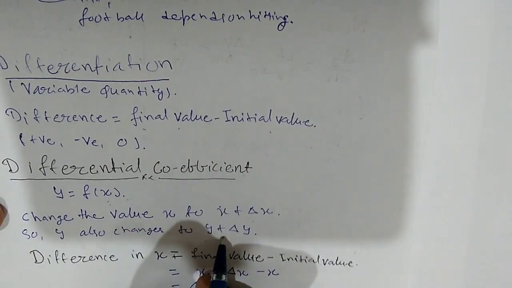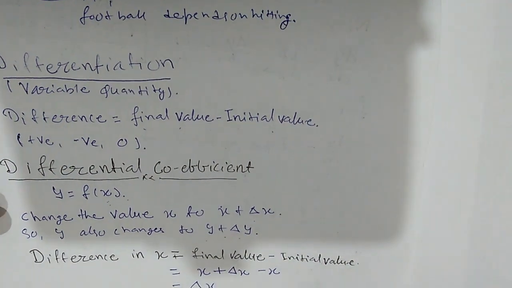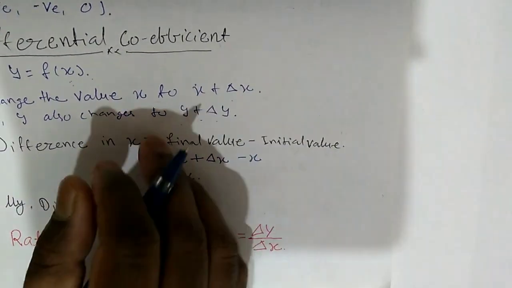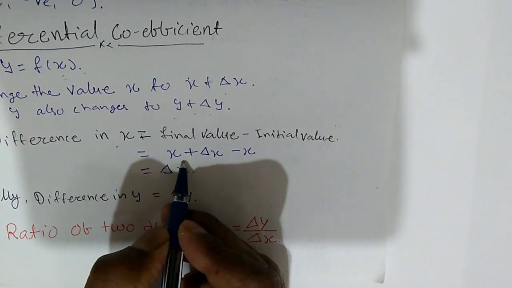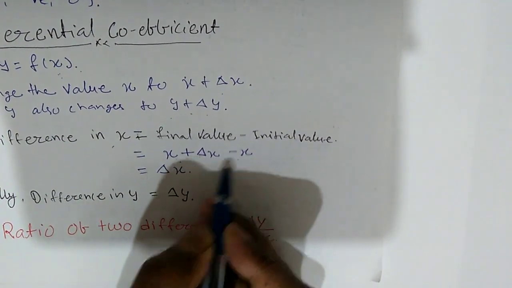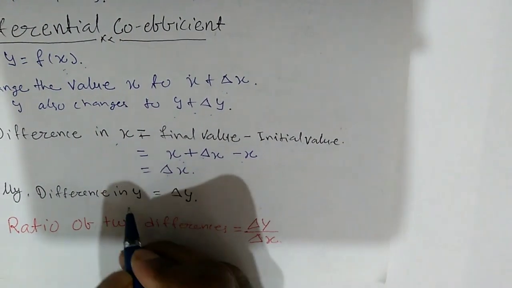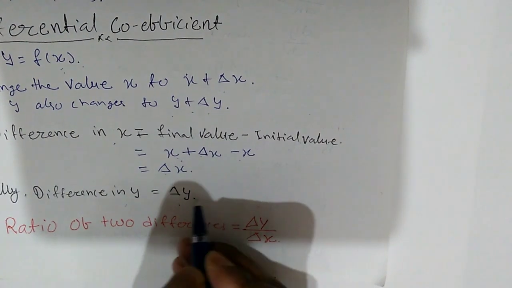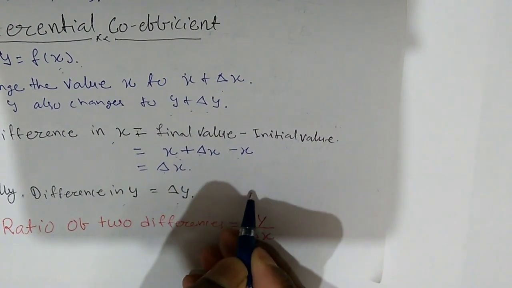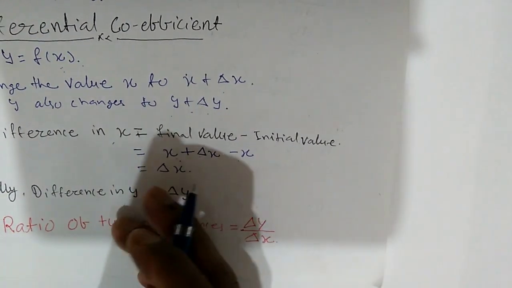So y also changes by del y. The difference in x is final minus initial. So here x plus del x minus x, we get del x. Similarly in y, y plus del y minus y cancels out and we get del y.